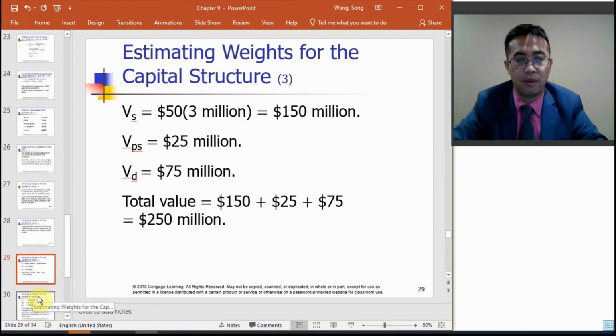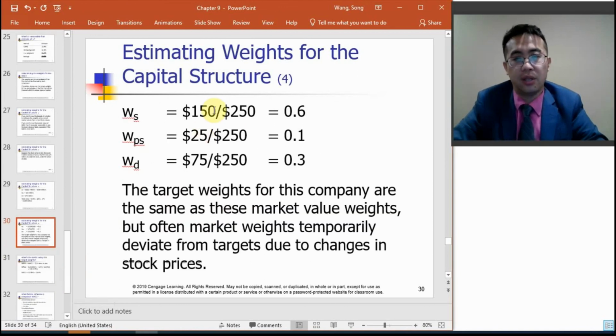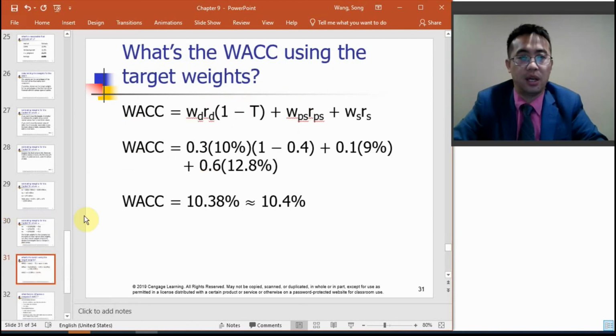And then you need to solve for the percentage. Each of the individual capital divided by the total to get a percentage. And then the last step here is to use this WACC formula. Actually, your entire chapter is built on this formula. I have addressed cost of debt, cost of preferred stock, and cost of common stock.